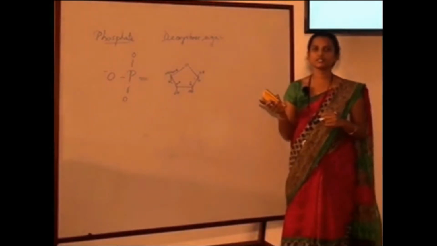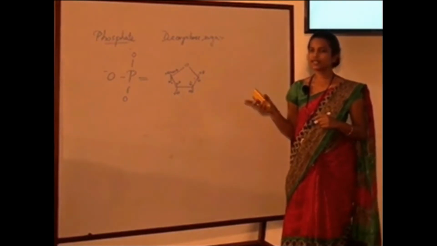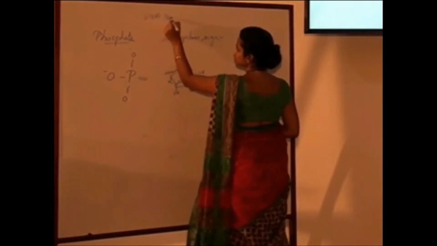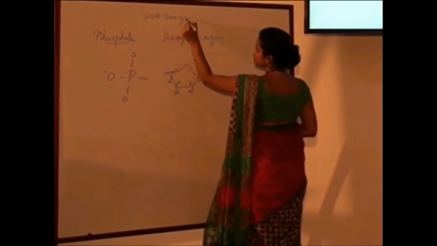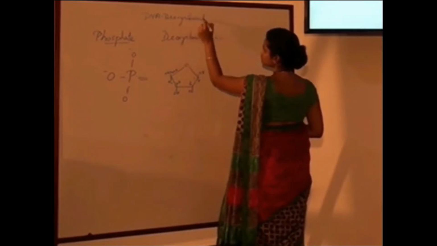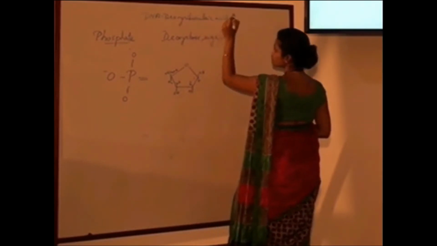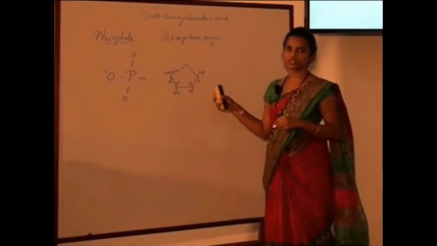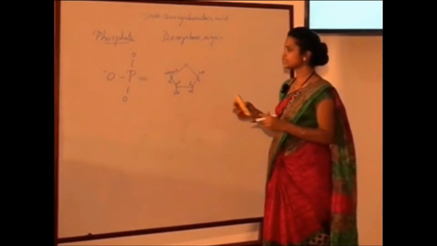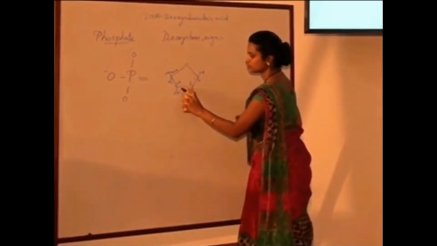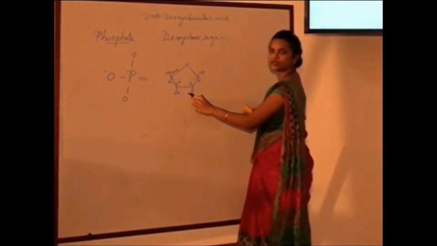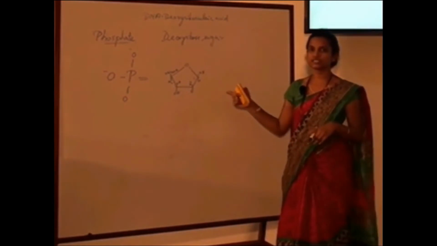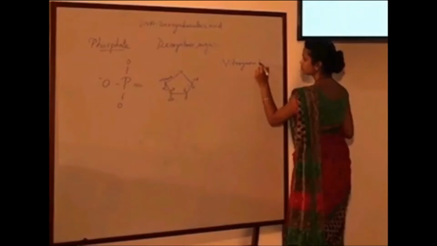So there are 5 carbons in this ribose sugar, and DNA is deoxyribonucleic acid. So there is one oxygen molecule missing from this structure. That is seen in the second position of the molecule. When one oxygen is removed from the second position, it forms the deoxyribose sugar. So this is the structure of deoxyribose sugar.